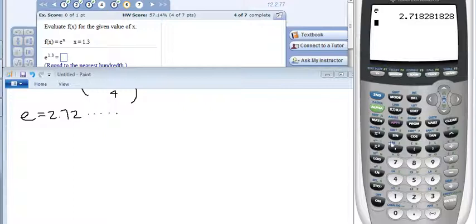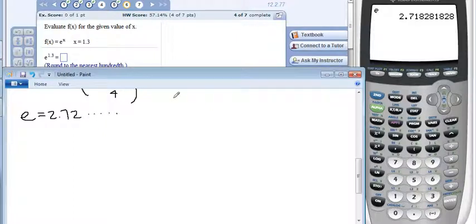And then we also have an e to the x key, which is right here. That'll raise e to any number. So you could either use e here and use your power key, or you can just use this one here, which is a little faster. So if we have f of x is equal to e to the x, and we want to evaluate f at 1.3, we're just going to replace x with 1.3.